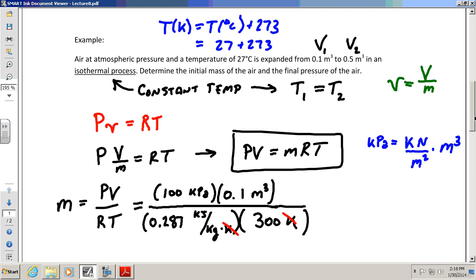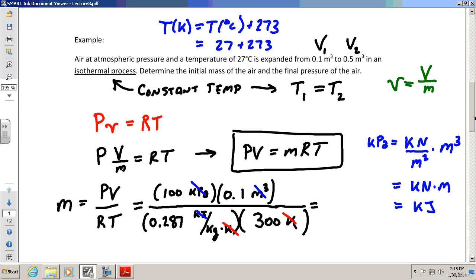So a kilonewton per meter squared times meters cubed, what's that going to be? A kilonewton meter. But what's a newton meter? A joule. So this is really a kilojoule. So yes, the top, kilopascals meters cubed, cancels with the kilojoules, and you do get your answer in kilograms.